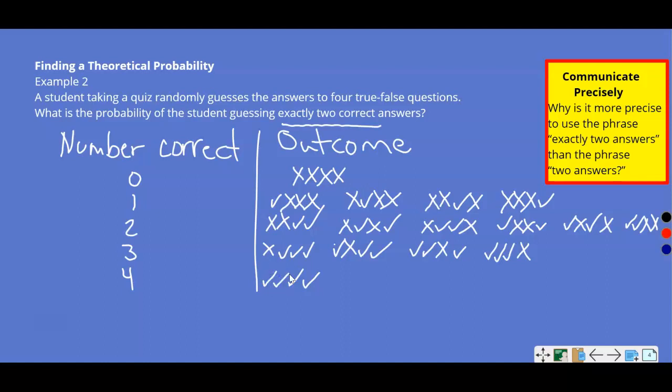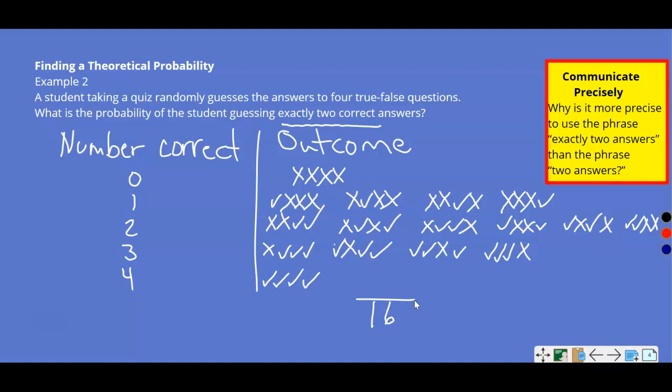Now we need to find out how many total outcomes there are. So let's count. 1, 2, 3, 4, 5, 6, 7, 8, 9, 10, 11, 12, 13, 14, 15, 16. If we did this correctly, that's the total number of outcomes. Now, what does the question ask?